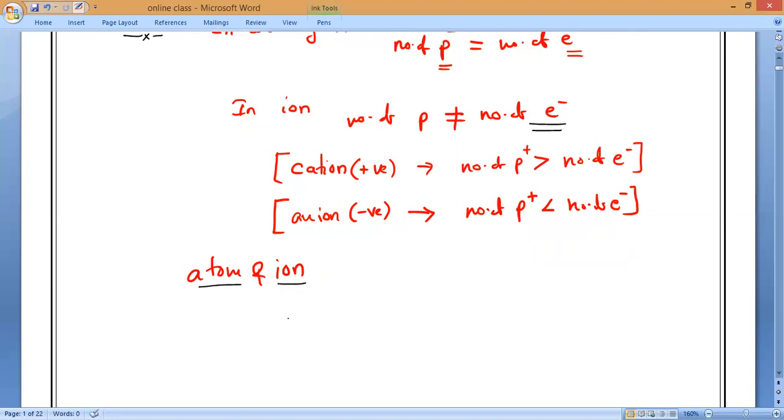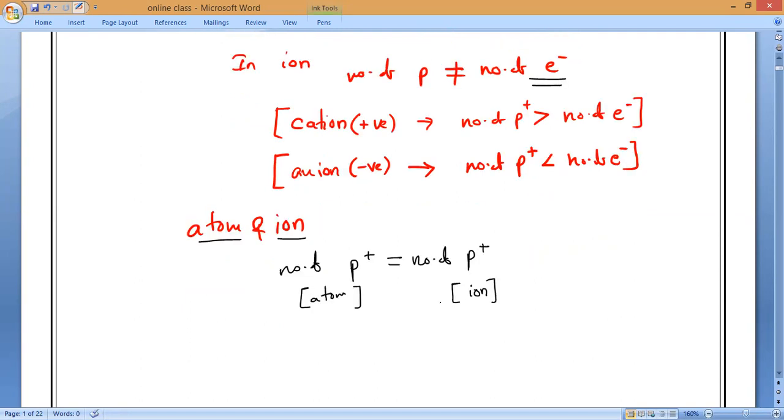The number of protons is equal in atom and in ion. Electrons are not the same, but the number of protons is always the same. The number of neutrons is also equal, both in atom and in ion.